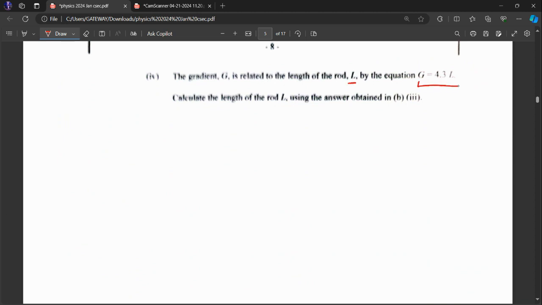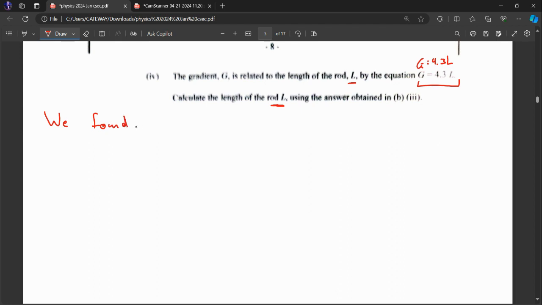So they say the gradient G is related to the length of the rod L by this equation. In case you can see this properly, G is equal to 4.3 times L. They say calculate the length of the rod L using the answer obtained in B3.